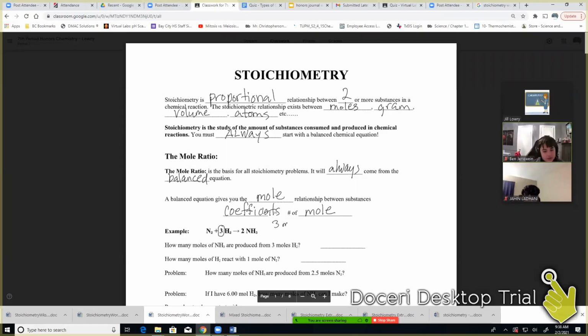This 3 tells me I have 3 moles of hydrogen. This 2 tells me I have 2 moles of ammonia. And since nitrogen doesn't have a coefficient, that means I have just 1 mole of nitrogen. So that part of it's pretty easy.